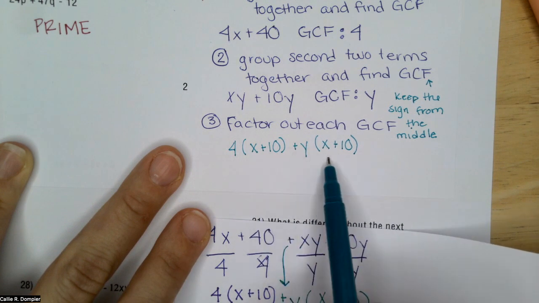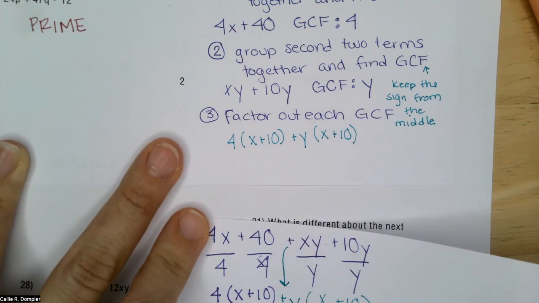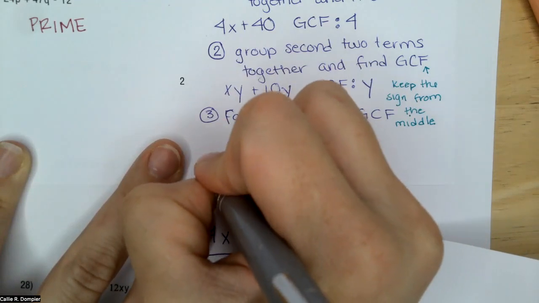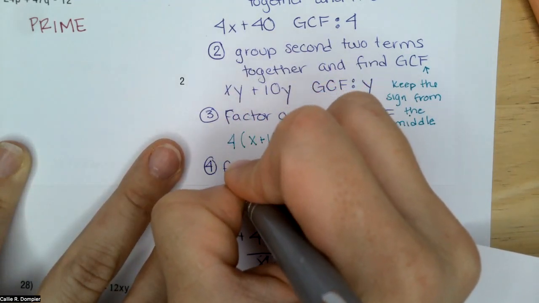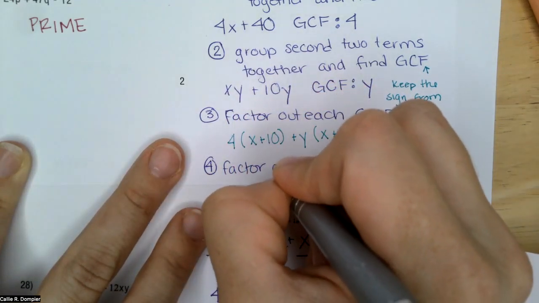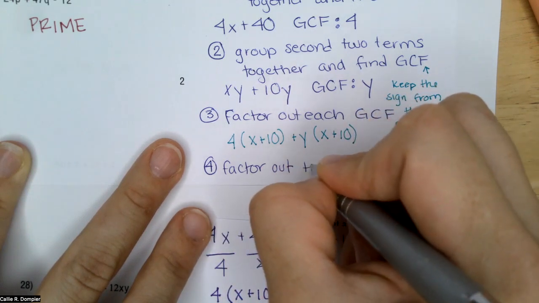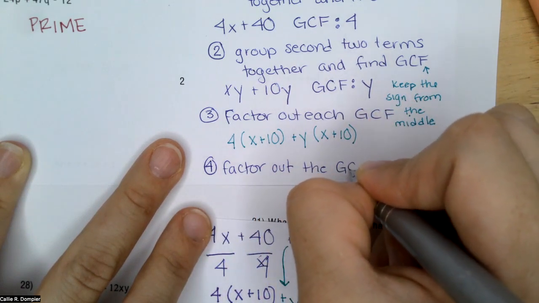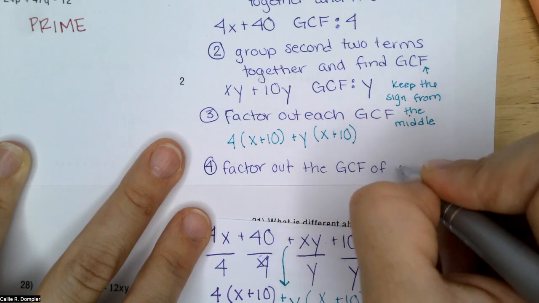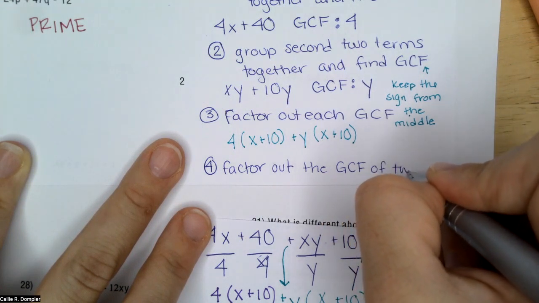So now we have two terms, and we want to factor out the GCF of the two remaining terms.